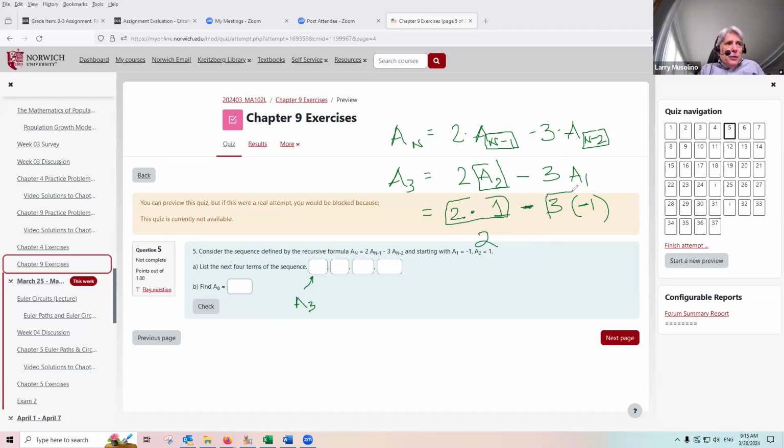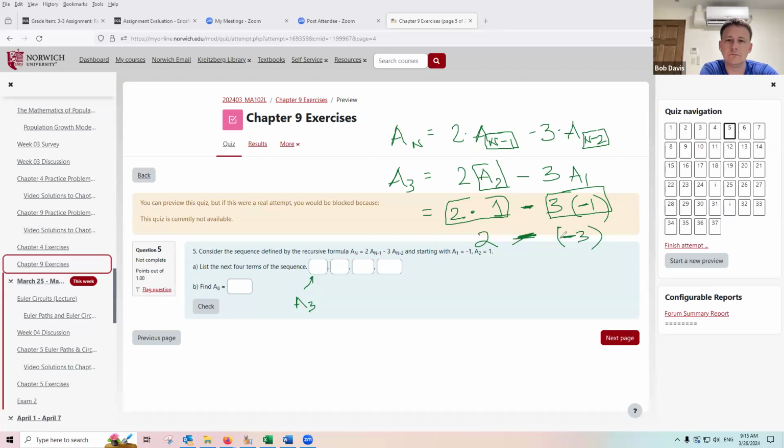And back here, 3 times negative 1 is negative 3. And there's a subtraction. And of course, you could do this on a calculator if you want. But when you subtract a negative number, it actually flips to be an addition. So this is going to be 2 plus 3, so 5. So the answer is 5.